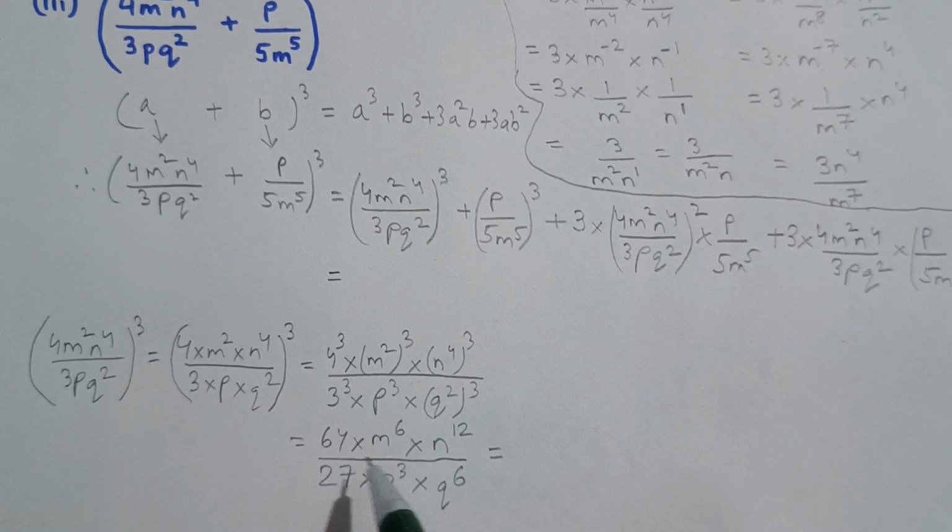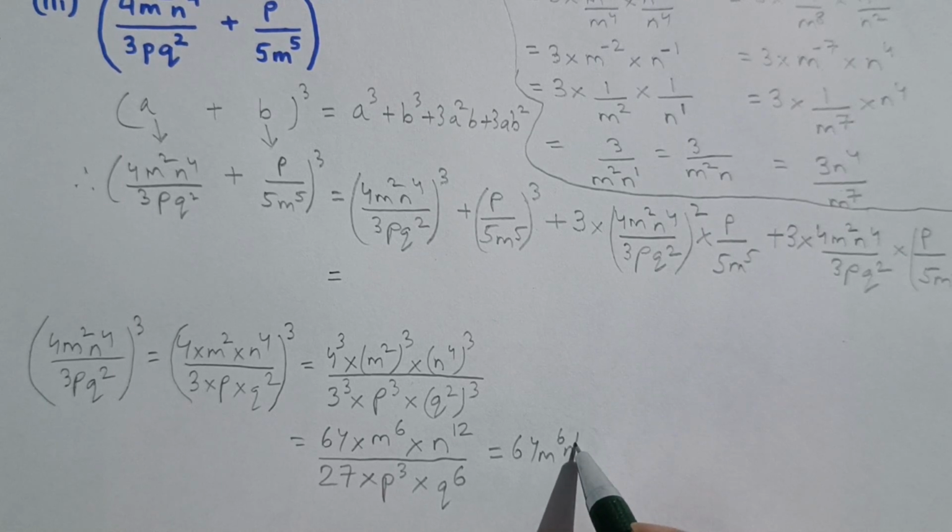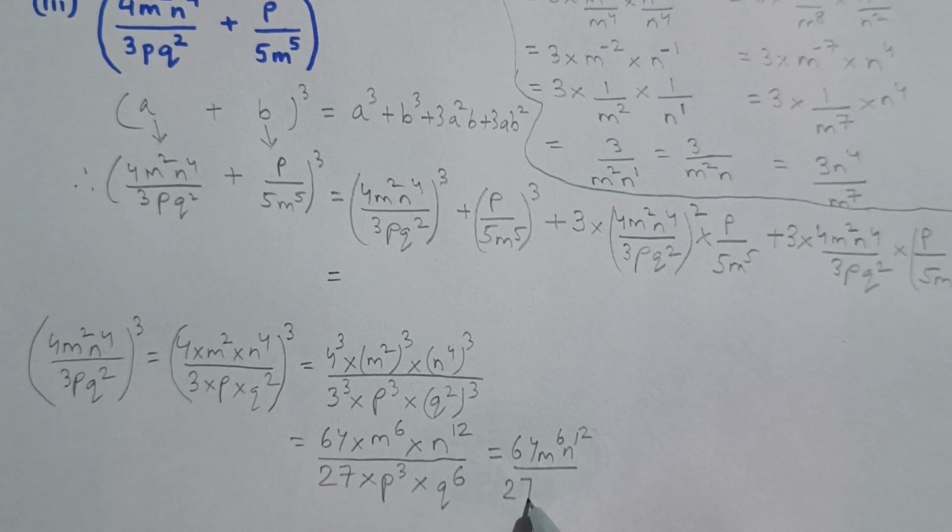So the numerator will be 64 m to the power 6 n to the power 12 upon the denominator will be 27 p cube q to the power 6.